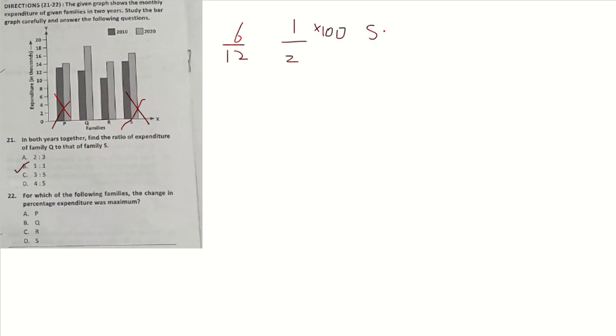That is 50% change, 50% increase. And then for R, this is 10, this is 14. So 14 minus 10 upon 10, 4 by 10, or 2 by 5 into 100, which is 40%. And so therefore the answer is option B, Q.